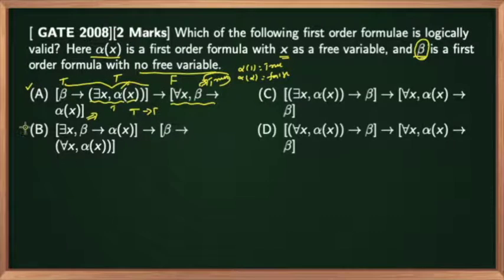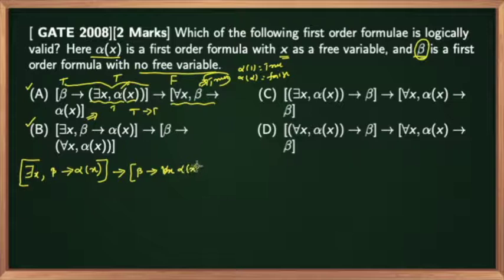Now let's see the choice B. It says there exists an x such that beta implies alpha of x implies beta implies for all x alpha of x, right? That means I need to have a truth assignment such that true implies false. So this side should be false.